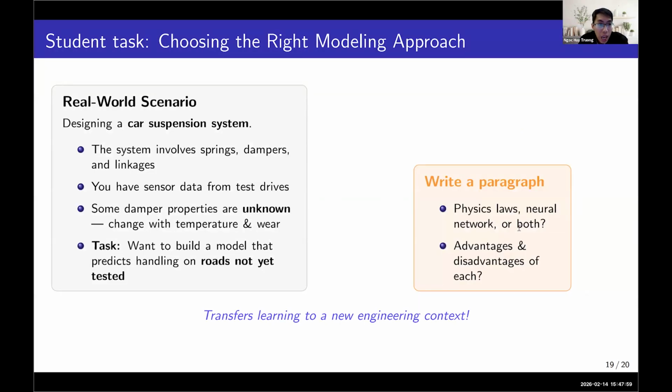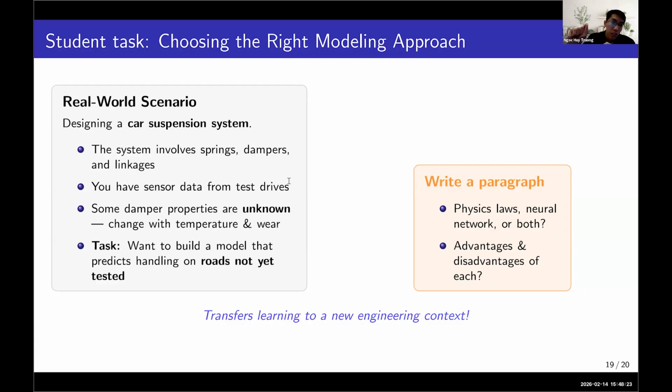At the end of the assignment, we provide a real-world scenario where students imagine they are engineers who need to design a car suspension system. The system involves springs, dampers, and so on, and they have sensor data from the test drive.